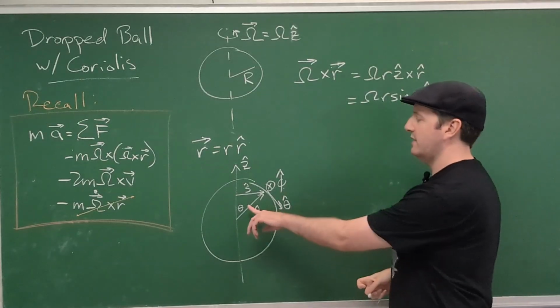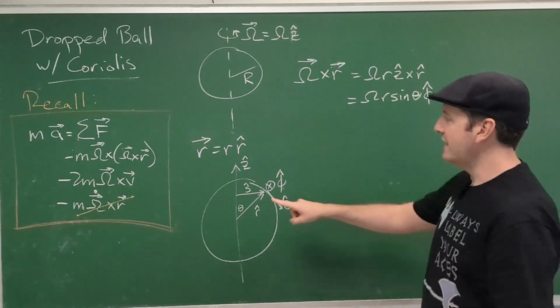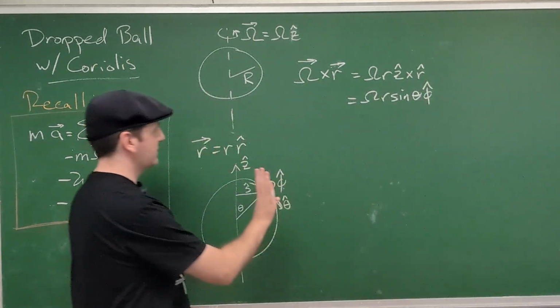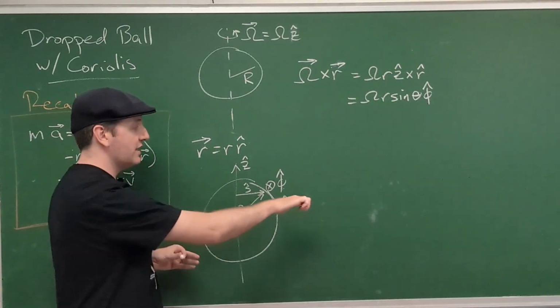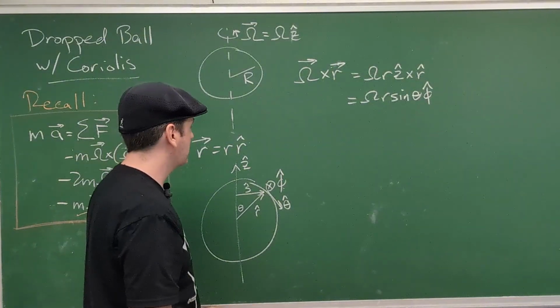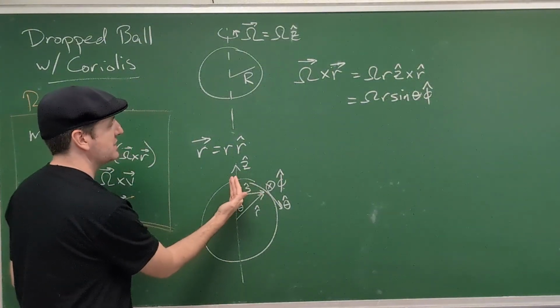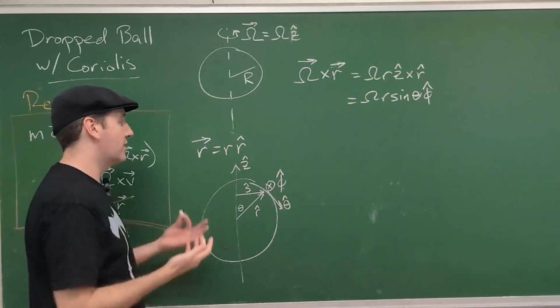Notice that, for example, if theta is equal to 90 degrees, then right-hand rule, z hat cross r hat, which would be directly in the s hat direction, should give me phi hat with no suppression with a sine or a cosine. However, if theta is equal to 0, then actually r hat and z hat are coaxial.